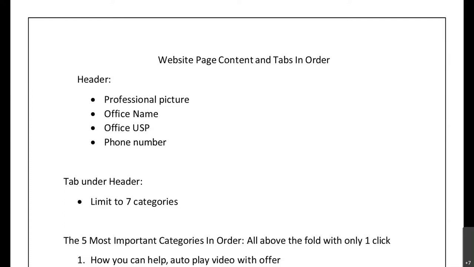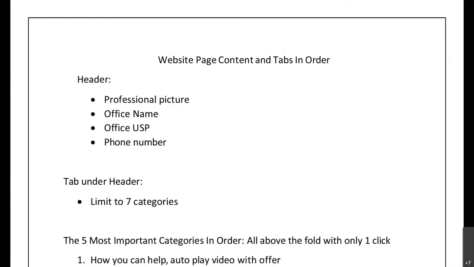Typically, you can put your icons in the header too, for your Facebook, Instagram, Twitter account, things like that. It's not as important because remember, patients read top down, left to right. So what's important is top down, left to right.